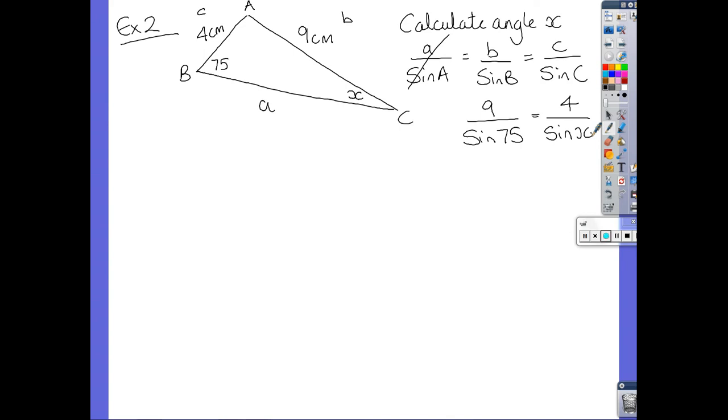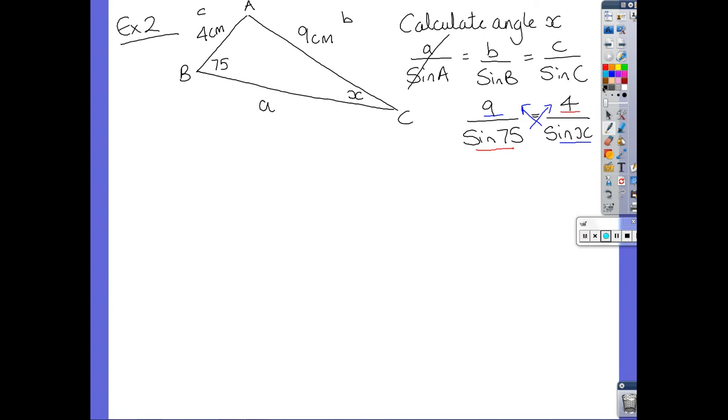Now we need to rearrange here so that we have, first of all, sine x by itself, and then eventually we'll try and calculate x. The easiest thing I would say to do here is to do something called cross multiplication. So we multiply the bottom of this fraction with the top of that fraction, and the bottom of this fraction with the top of that fraction.